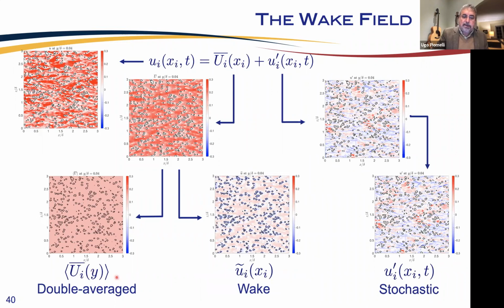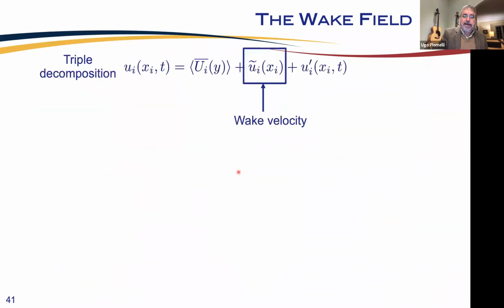Those are known as the double averaged velocity, the wake velocity, and the stochastic velocity component. And so we have a triple decomposition that's not unlike the one that's used to isolate coherent structures, the one that was proposed by Hussain and Reynolds many moons ago.